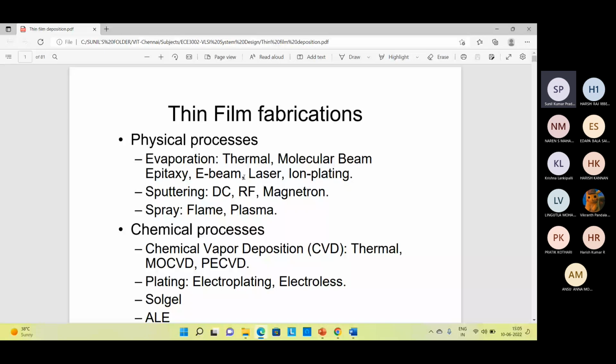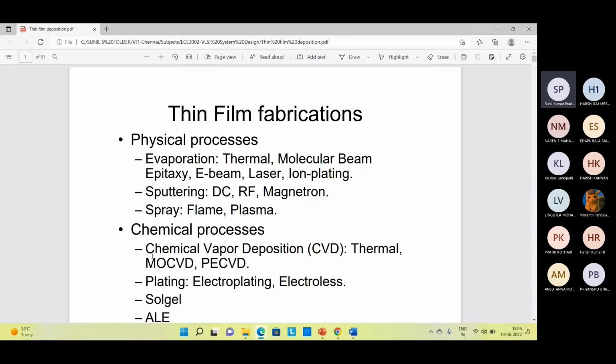Under sputtering, there are three categories: DC sputtering, RF sputtering, and magnetron sputtering. Similarly, in the spray processes, there are two categories: flame and plasma.